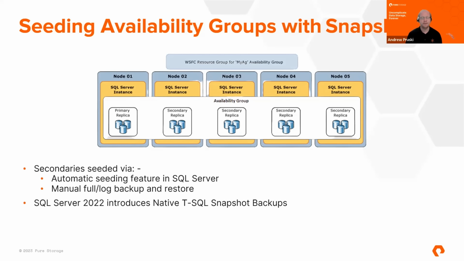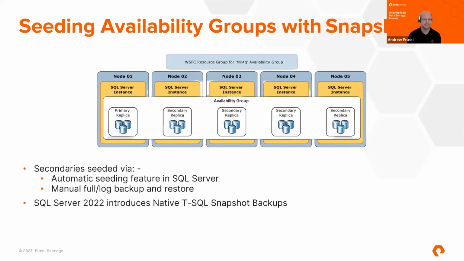Now, again, this can take some time if A, we've got a lot of databases, or B, if those databases are fairly large. So by using the new native T-SQL snapshot backups, we can bring the time it takes to set up your high availability solution down considerably.